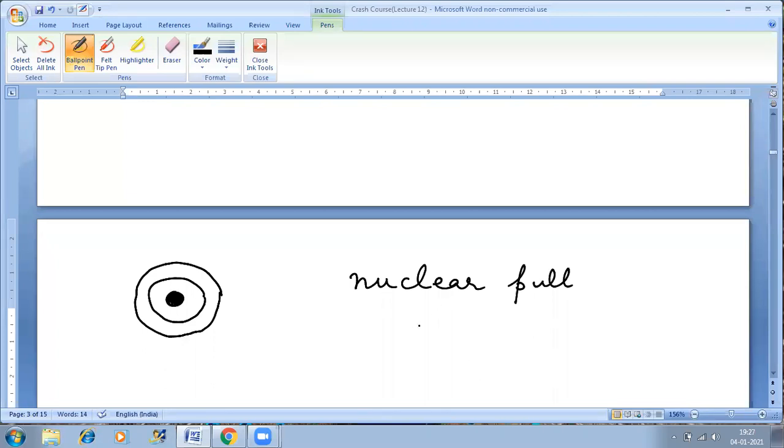And if the nuclear pull is not that great, that means the electrons are not that strongly attracted by the nucleus.